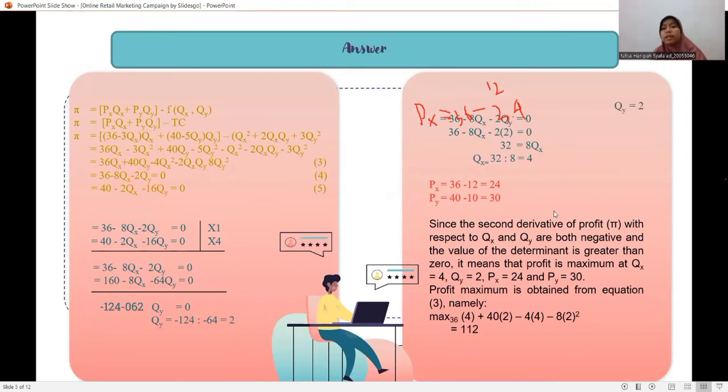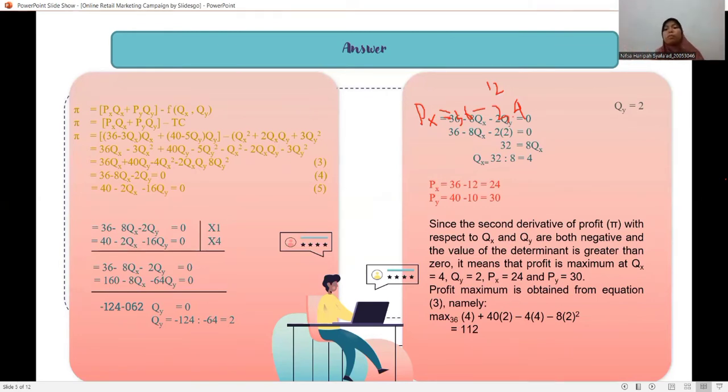And since the second derivatives of profit with respect to Qx and Qy are both negative, and the value of the determinant is greater than 0, it means the profit is maximum at Qx equals 4, Qy equals 2, price X is 24, and price Y is 30.